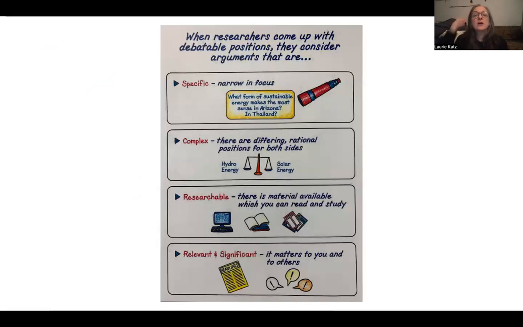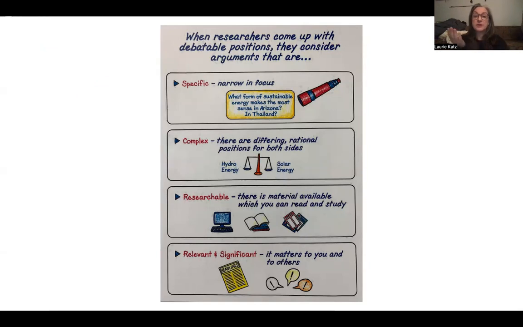So here are different ways that things can be debatable. It could be very specific. In other words, some people might say wind turbines are the way to go for clean energy, and somebody else might say it's solar panels, and some might say, well, solar panels have a lot of plastic and wind turbines are not made of plastic. So it could be very specific within your topic, or it could be complicated.